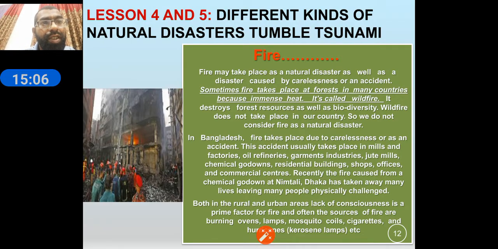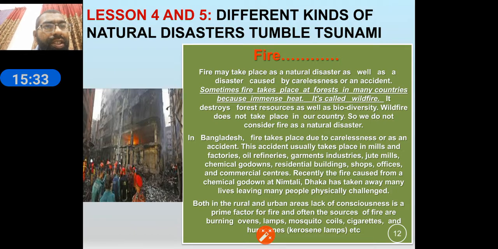Actually, fire may take place as a natural disaster as well as a disaster caused by carelessness or an accident. Sometimes fire takes place in forests in many countries because of immense heat, and these types of natural disaster we call wildfire. This is another definition. It often comes in our exam also.